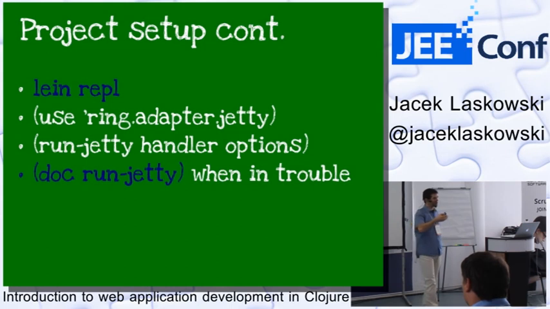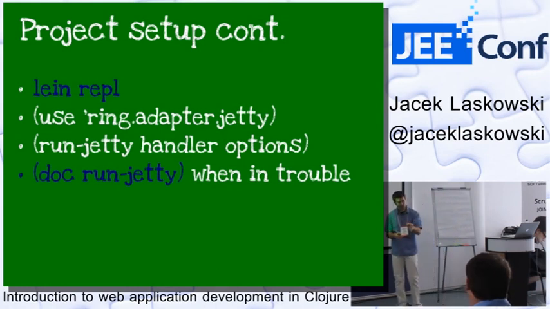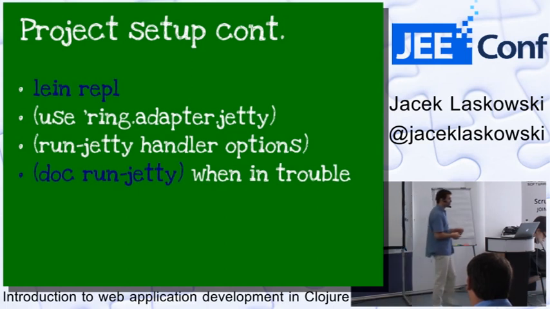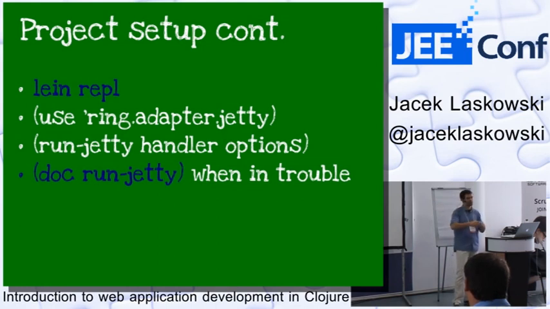So Leiningen is more like Maven, but it's written in Clojure, and you configure your projects in Clojure instead of XML. But the concept of transitive dependencies is the same in Leiningen, in Maven, and perhaps in other build tools.